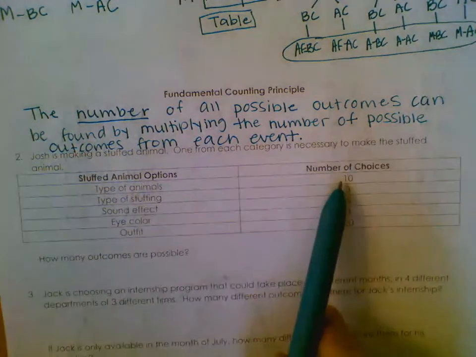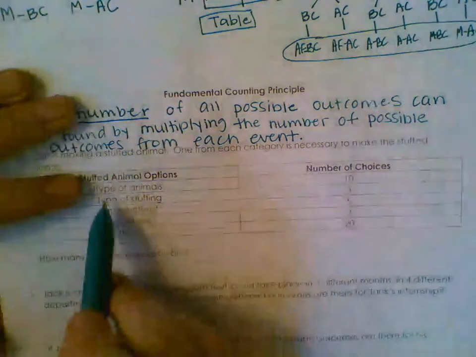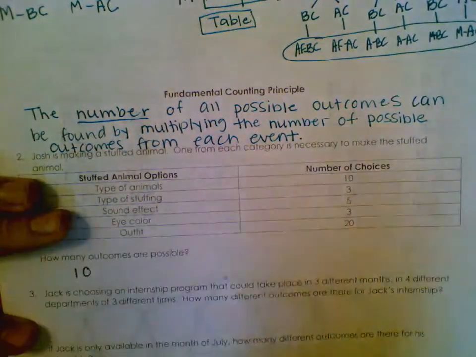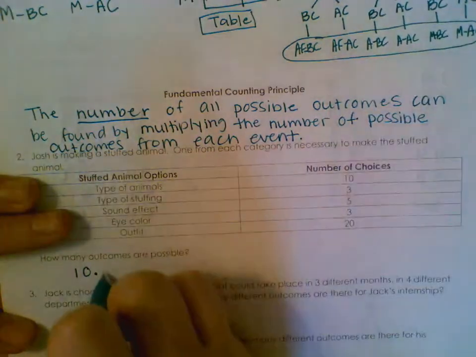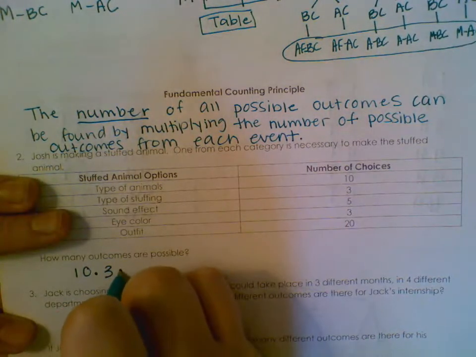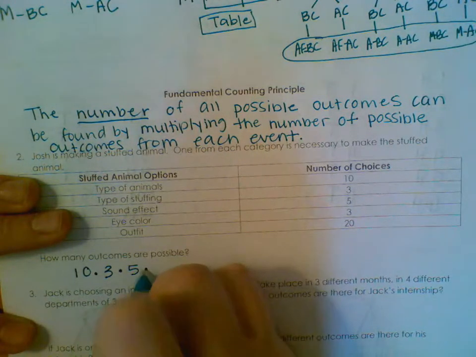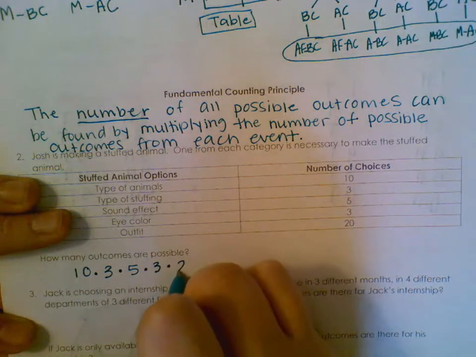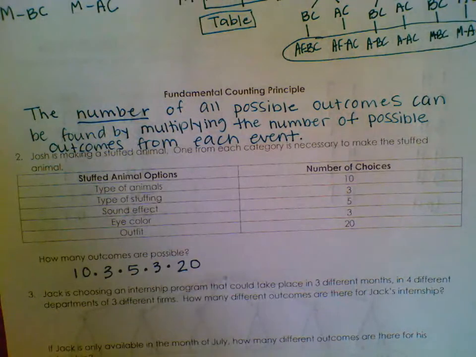So we're going to multiply each of these number of choices together, and that will tell us how many are possible. So first we have a type of animal. We had 10 choices. Multiply that times 3 choices for a type of stuffing, times 5 choices for our sound effect, times 3 choices for our eye color, and then finally 20 choices for our outfit.